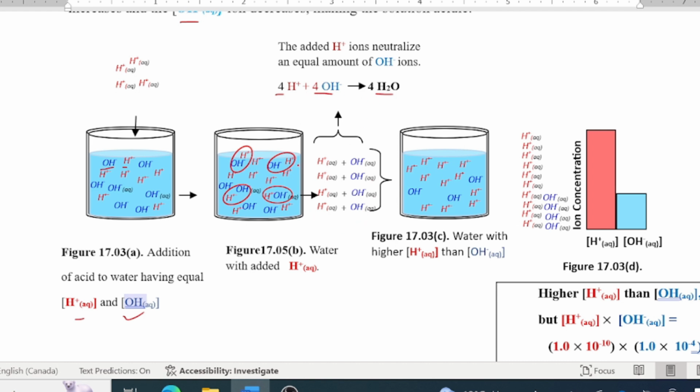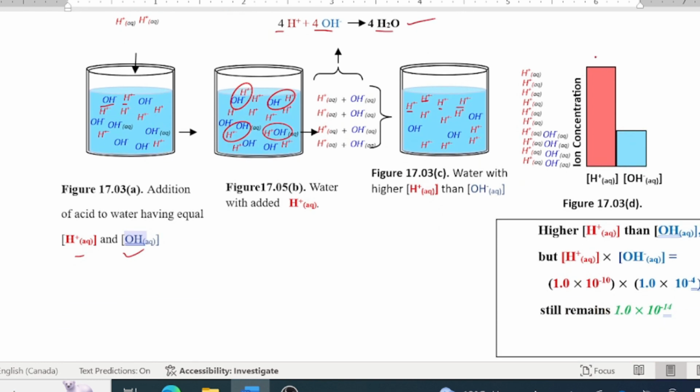So look what happens. Because you're removing OH from the solution and locking them up as water molecules, the concentration of hydrogen ion gets higher than the concentration of OH ion. If you look at this figure here now, you can see that the hydrogen ion concentration went up and the OH ion concentration is lowered.